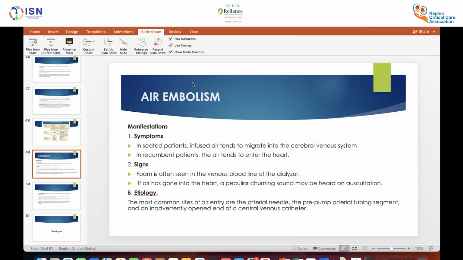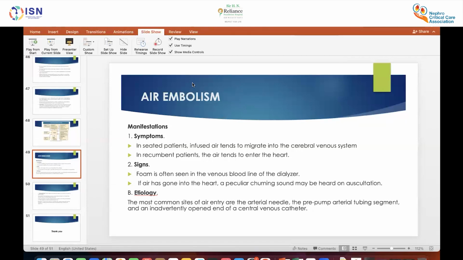Yes, so it will float on the upper part and on the right side of the heart. So the aim is basically trapping the air in the ventricular apex, the right ventricular apex. That's why you are turning the patient to the left and keeping the right ventricular apex on the upper side, so that the air goes inside and gets trapped over there.